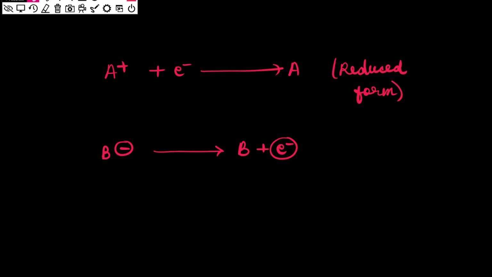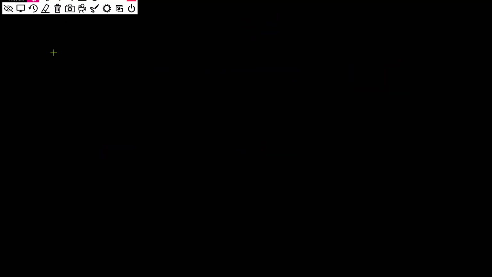Now we should talk about the second law of Faraday. The first law is very simple. It says that the mass of a substance deposited or liberated will be directly proportional to the quantity of electricity passed through the solution.